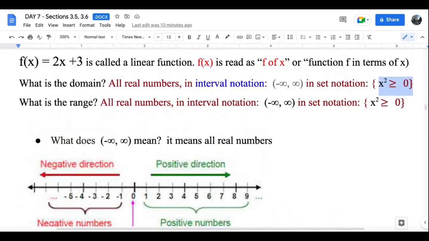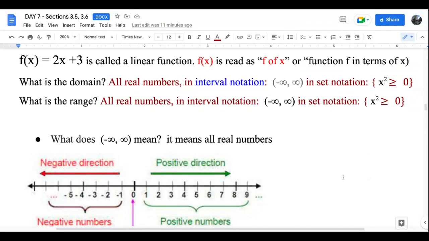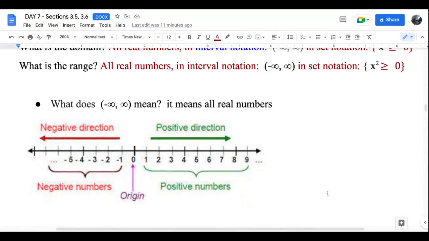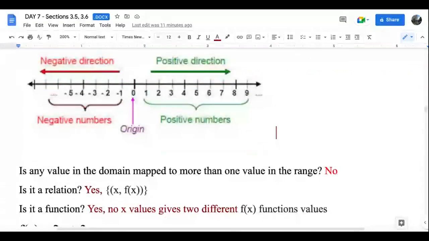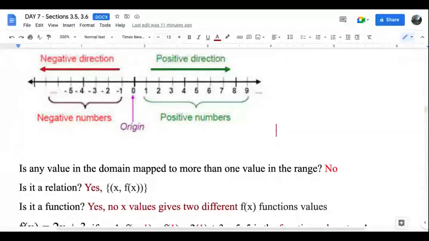Real numbers versus imaginary numbers. Imaginary numbers we'll learn in the future is when you square it, you get -1. Like a square root of 2, pi, all real numbers. Understood. Thank you. Okay. Fractions are real numbers. Decimals are real numbers.